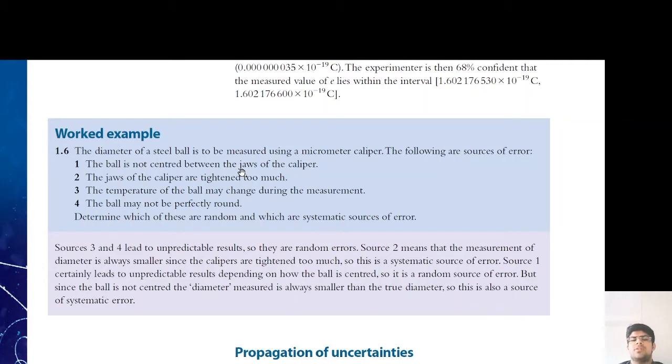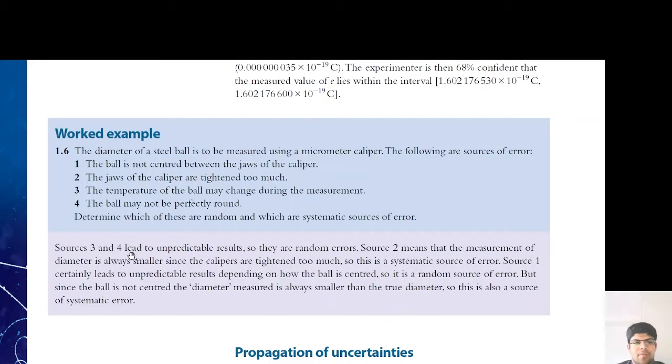Two, the jaws of the caliper are tightened too much. Three, the temperature of the ball may change during the measurement. Four, the ball may not be perfectly round.